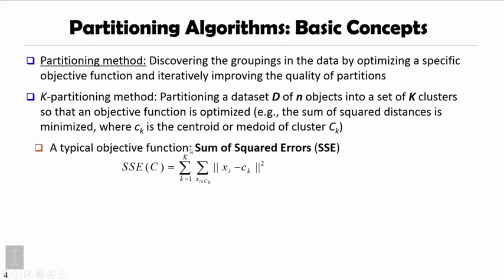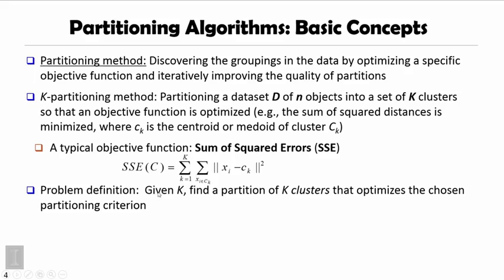The whole function covers the k clusters, and for each cluster we take its points to its center, and sum such squared distances or squared errors. We want to minimize this objective function.